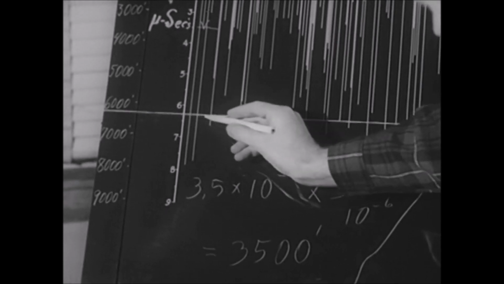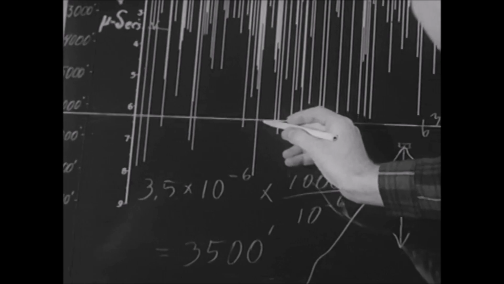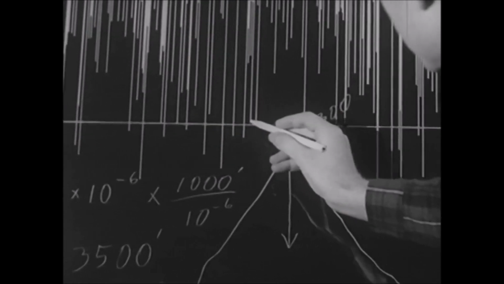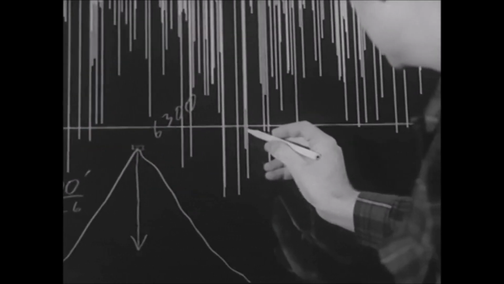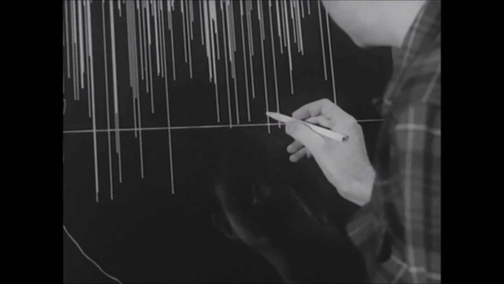There's 1, 2, 3, 4, 5, 6, 7, 8, 9, 10, 11, ... 25, 26, 27. So, if we take our equipment down to sea level, we expect to find about 27 mesons stopping and dying in our plastic each hour.